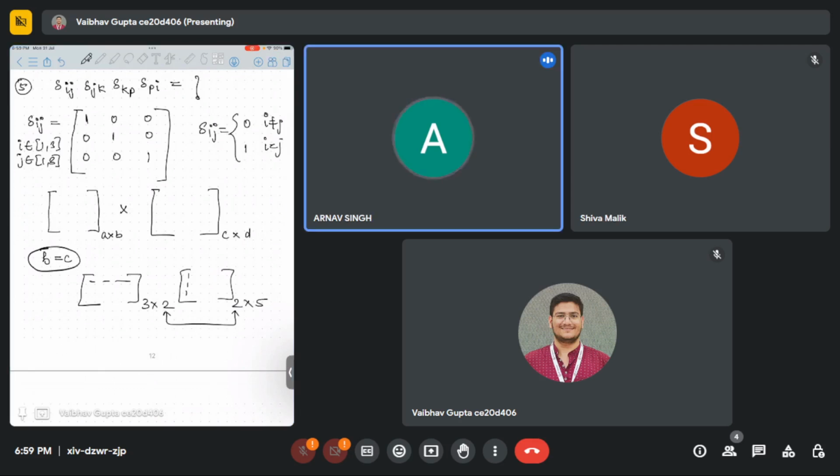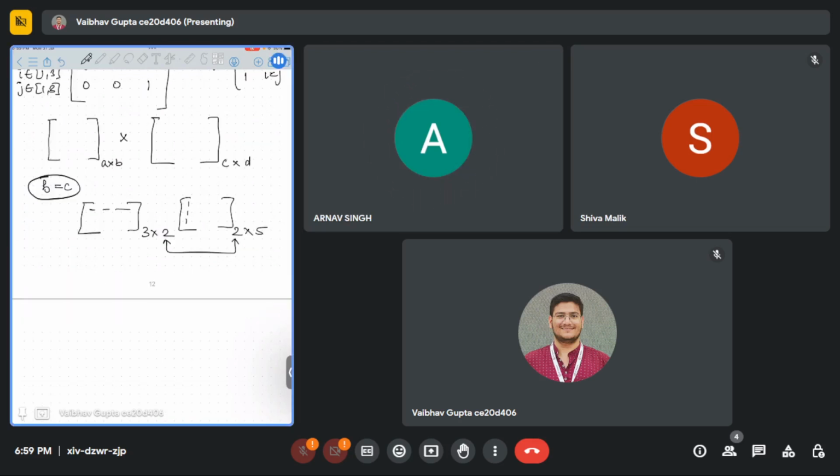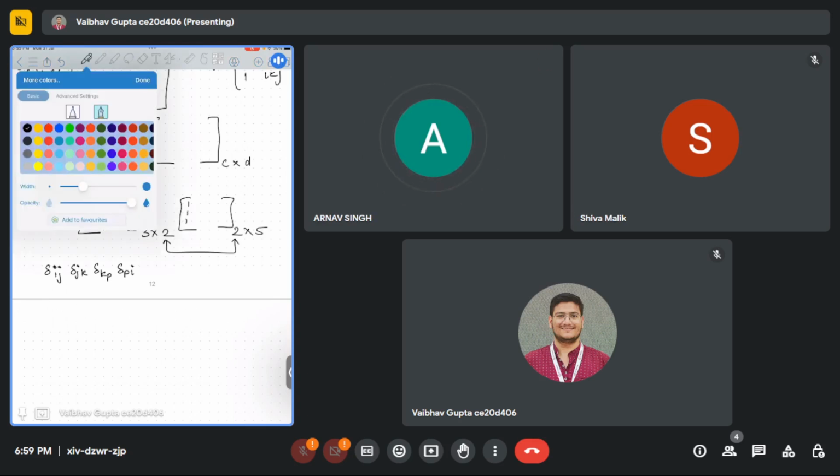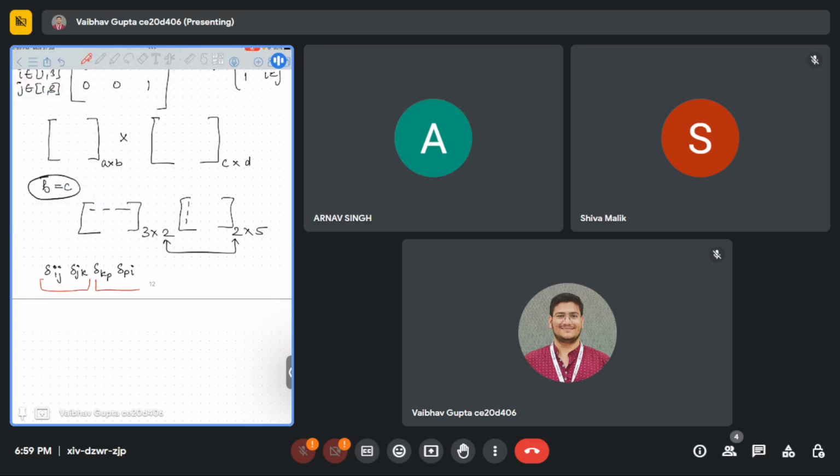Okay? Yes, sir. So coming back to the question, we have delta ij, delta jk, delta kp, and delta pi. If we take them in terms of matrices, this 2 will be taken as 1, this 2 will be taken as 1. See here, j and j are common.